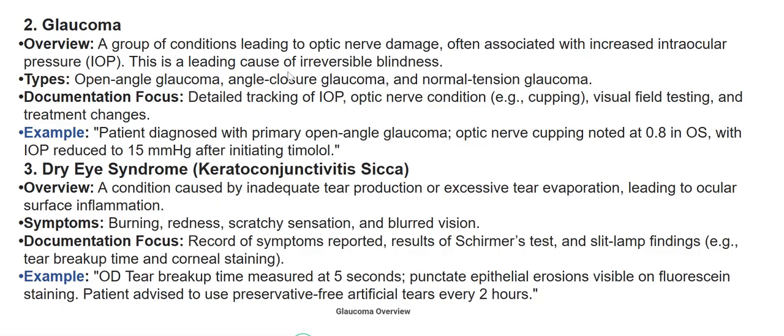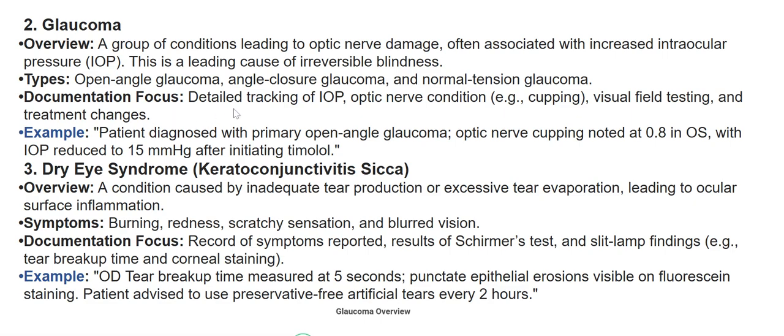This is a leading cause of irreversible blindness, meaning the complication could be, if left untreated or left without management, a risk of blindness, and it is irreversible, meaning cannot be fixed. That blindness that cannot be fixed anymore. Now, types: open angle glaucoma, angle closure glaucoma, and normal tension glaucoma.